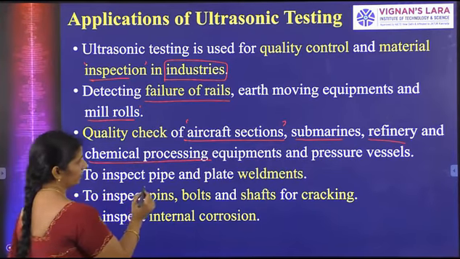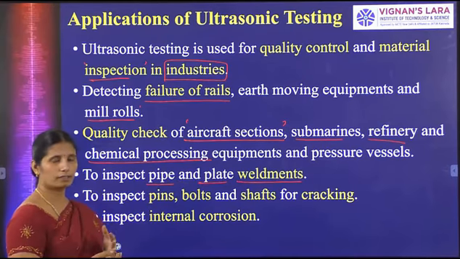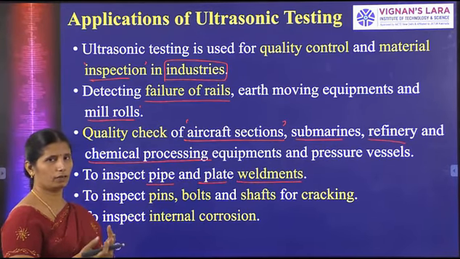So to inspect the pipe and plate weldments: when the weldings are done for the pipes or for the plates, whether those weldings are perfectly fitted or not will be checked by ultrasonic testing.